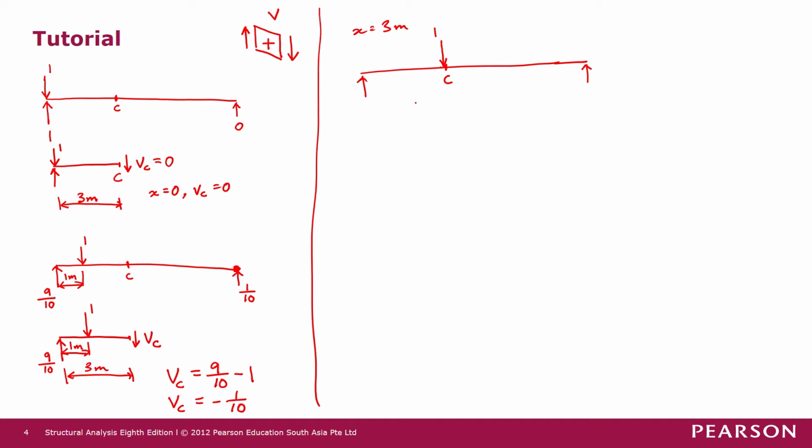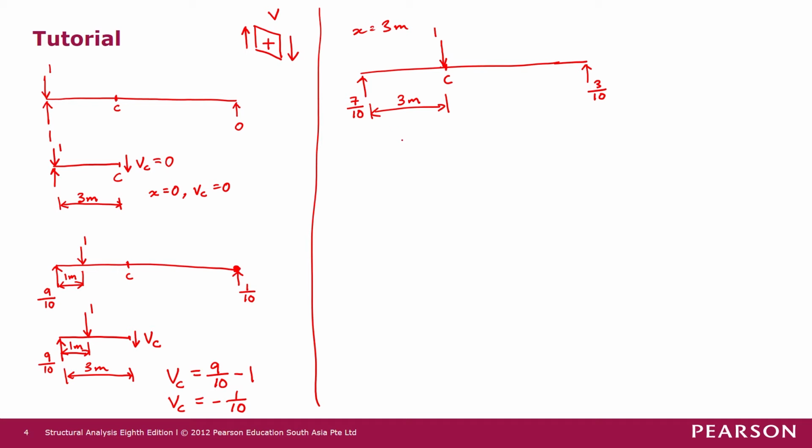Okay, so in this case, this is 3 meters away. The whole beam length is 10 meters. So in this case, we're going to get 7 over 10 here and 3 over 10 here as the reactions.